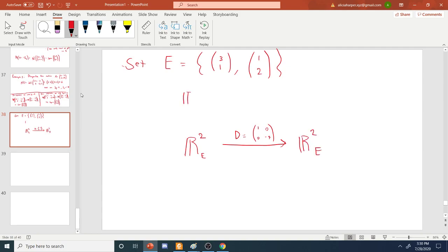And then with respect to the standard basis, it's given by the matrix A, so 2, negative 3, and then 2, negative 5. And then we also have the base change map. This is X, and it's given by the matrix 3, 1, 1, 2.